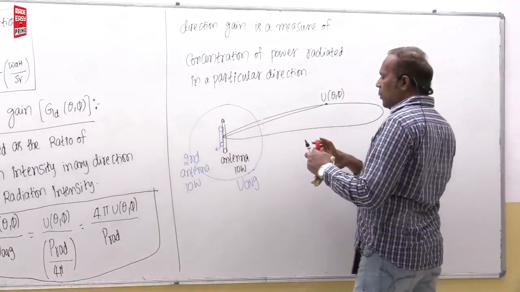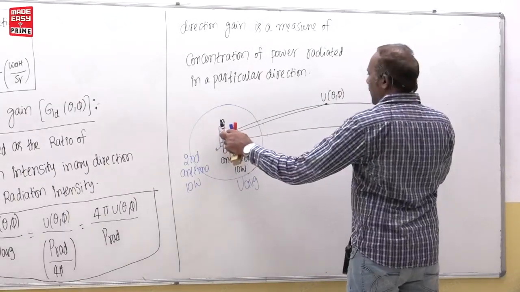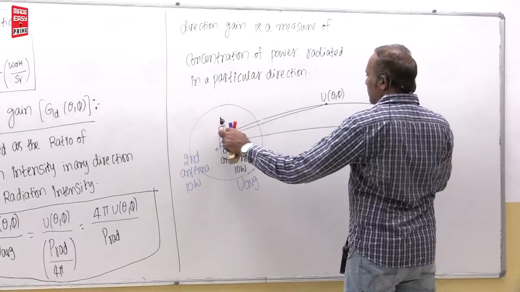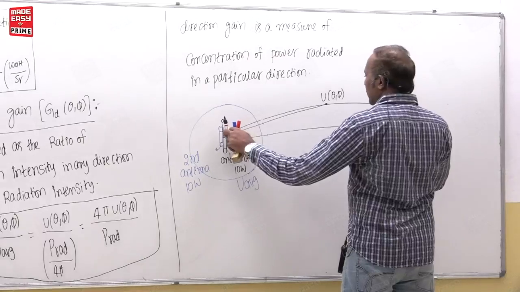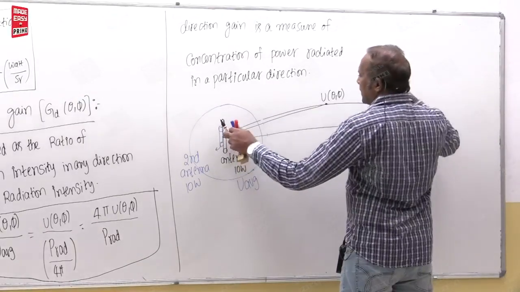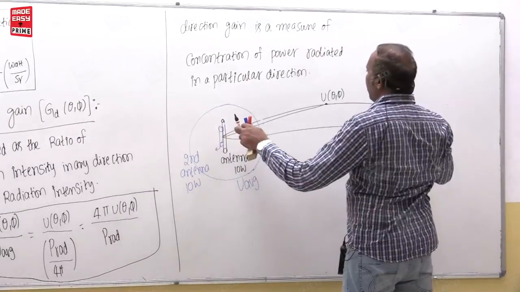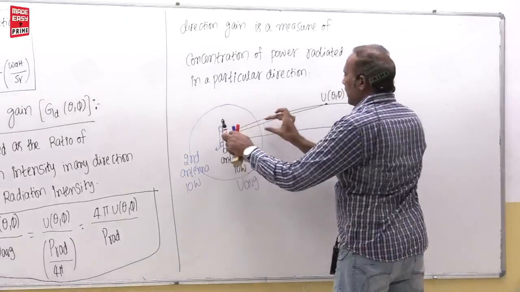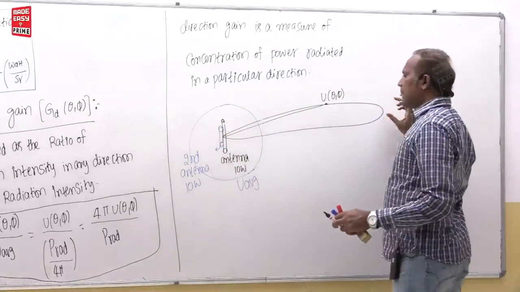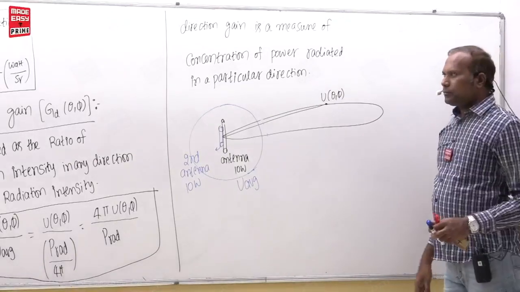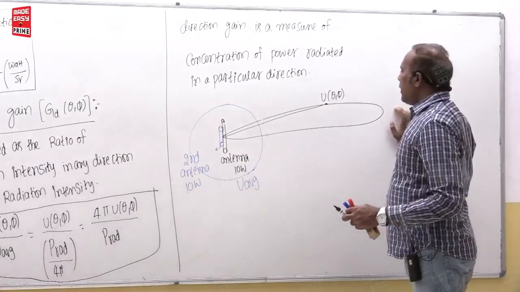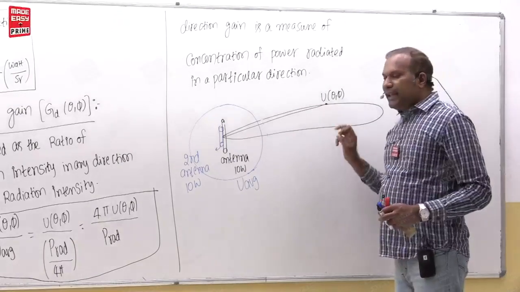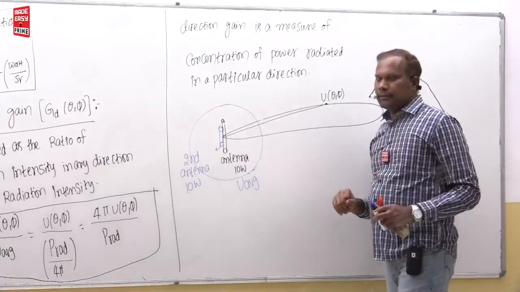The satellite is moving like this, and every time the earth also rotates. So this antenna, every time, has to radiate in this direction only. In this way, we need directional antennas.